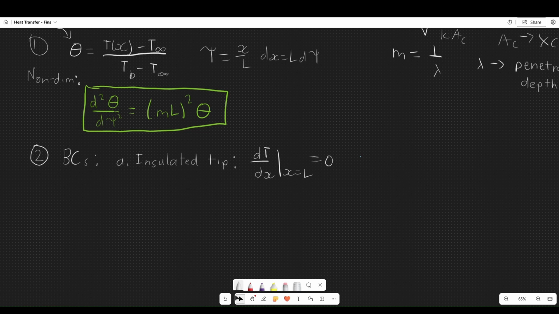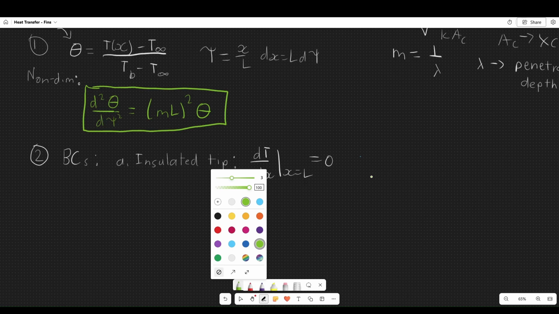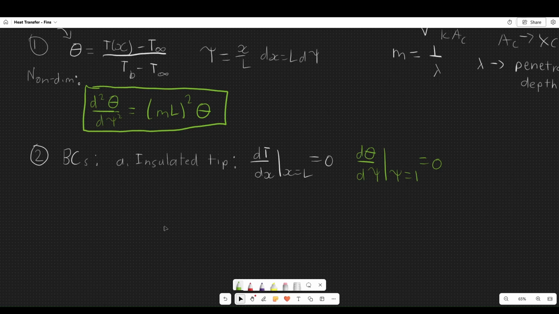In terms of our new non-dimensionalized variable, that would be d theta/d psi at psi equals 1 equals 0. I'll be writing everything else in terms of theta, but if you want, you can see the basis for temperature, the original variable.